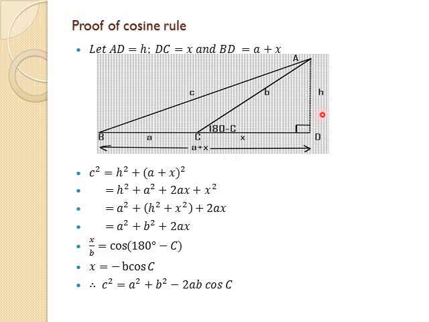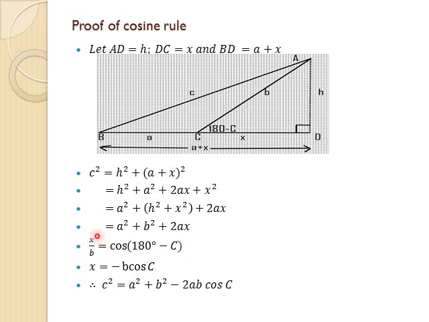So h squared plus x squared, again, if I work here from this angle C, remember that whole angle is 180, so to get the inside angle there, it's 180 minus the C outside. So from there, adjacent over hypotenuse, x over h equals the cos of 180 minus C, right?